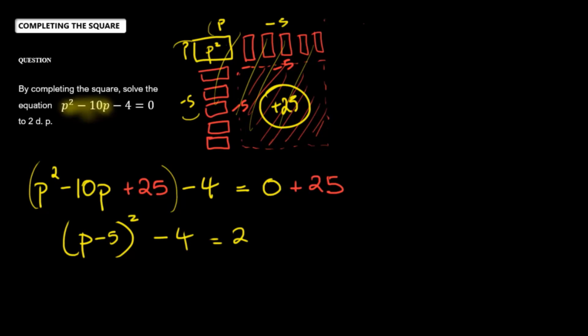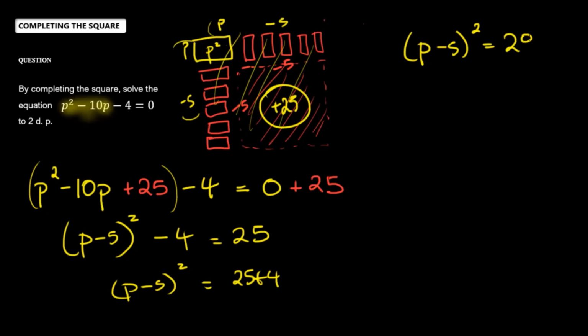So if that's the case, now I can group like terms. (p minus 5) squared is going to be equal to 25 plus 4, which is 29. And if that's true, that means I can solve for p, because all of this side is squared. So if I square root both sides of the equation, that will get rid of the square and leave me with p minus 5.